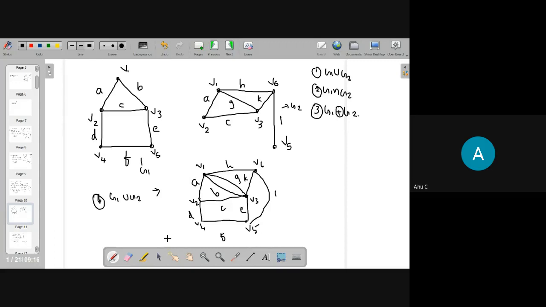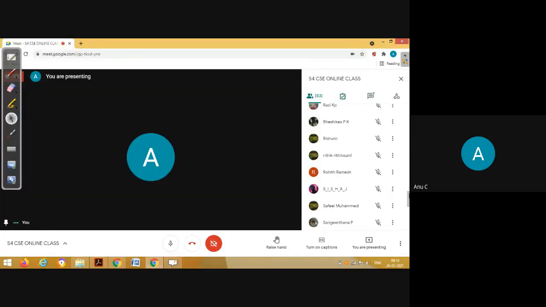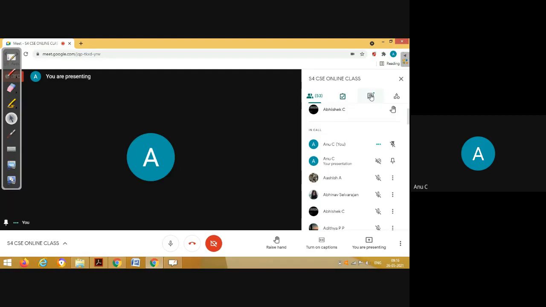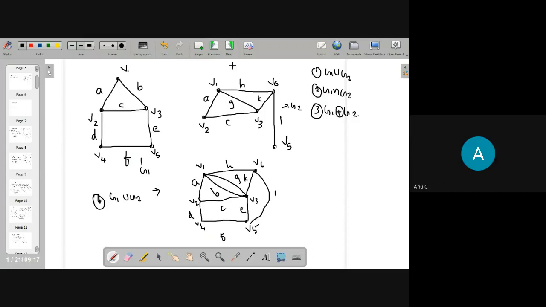Clear? Is it clear? റെസ്പോണ്ട് ചെയ്ത് ക്ലിയർ ആണോ? ഓക്കെ, അപ്പൊ നെക്സ്റ്റ് വൺ G1 ഇന്റർസെക്ഷൻ G2. ഏതായിരിക്കും ഗ്രാഫ്?